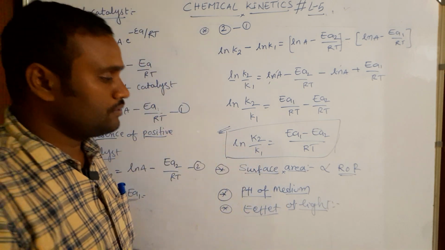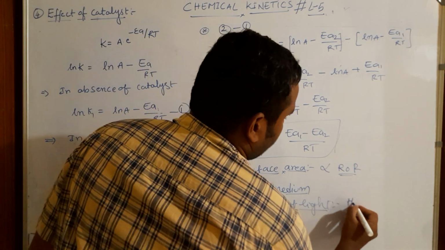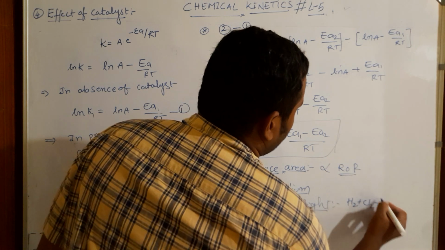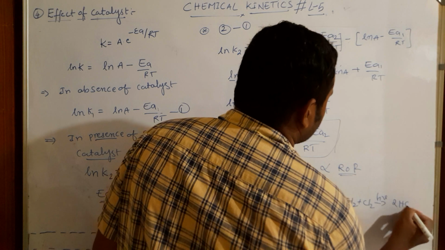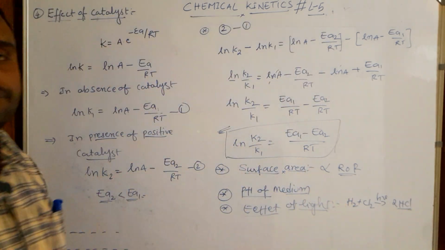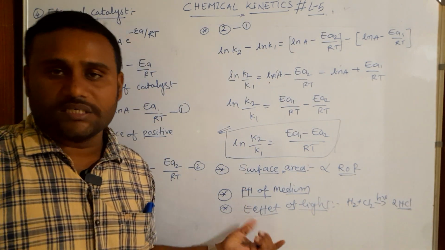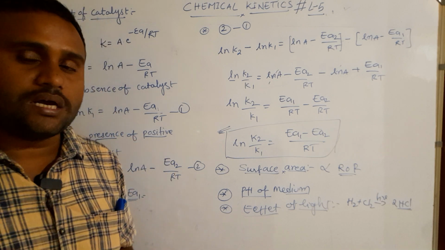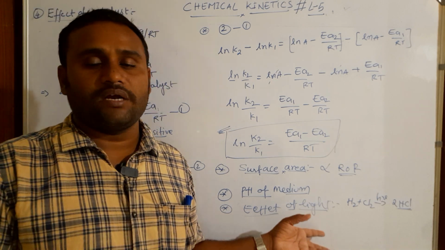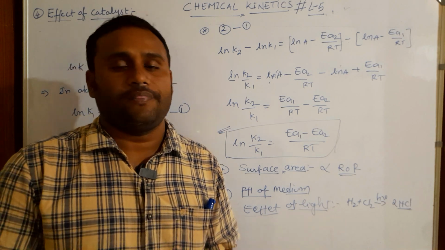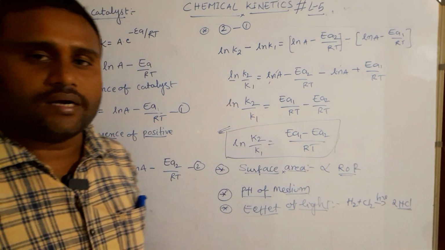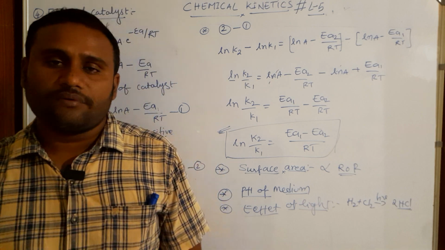The reaction between H2 and Cl2 also occurs in the presence of sunlight to produce HCl, hydrochloric acid. These are light sensitive reactions, which occur only in the optimal condition of light. This is about the factors that influence the rate of reaction.